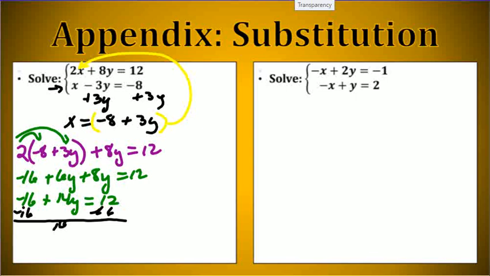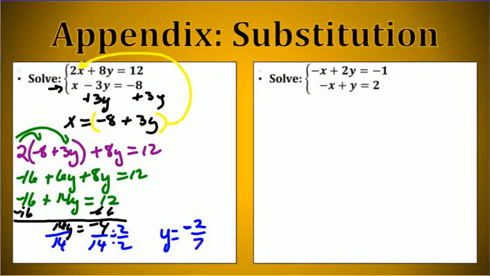I get 14y equals -4. To get y by itself, I'm going to divide by 14. Y would equal negative, and here I can divide this by 2/2, -2/7. So that would be what my y equals.